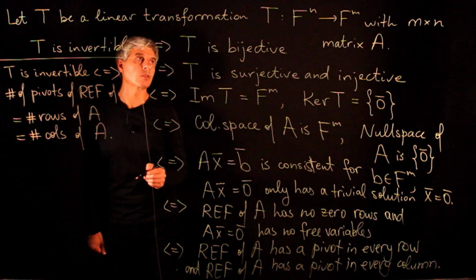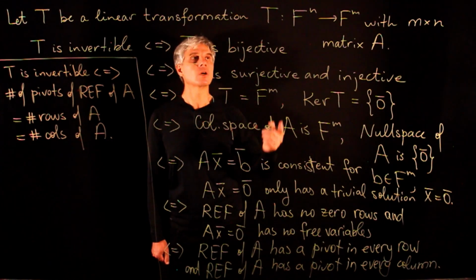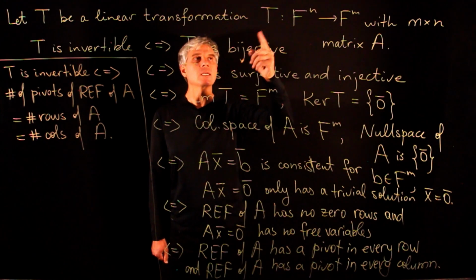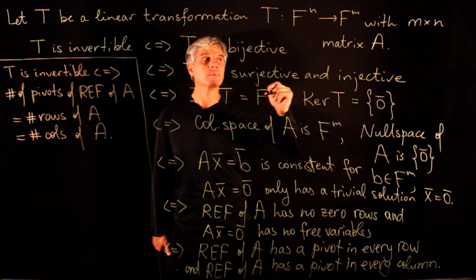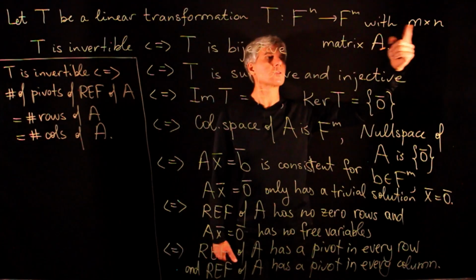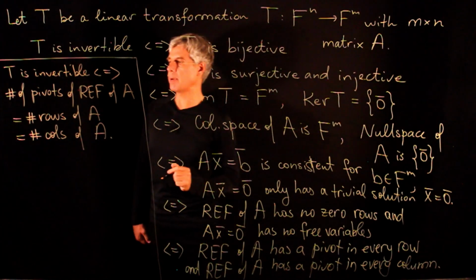So we get the following necessary condition for invertibility of T. If T is invertible, then n must be equal to m, right? Because m and n determine the size of our matrix.